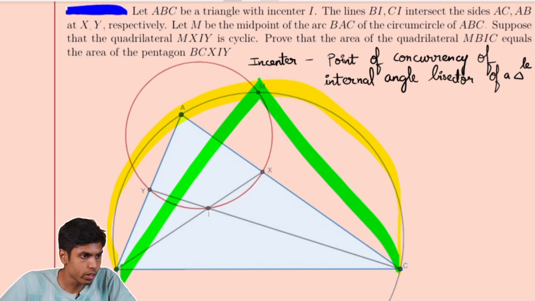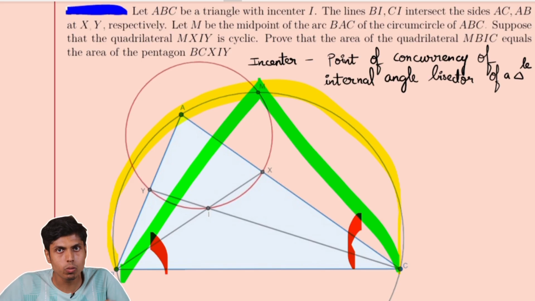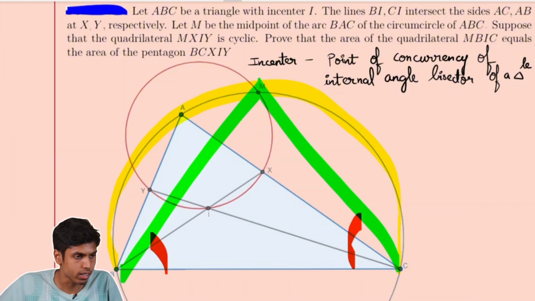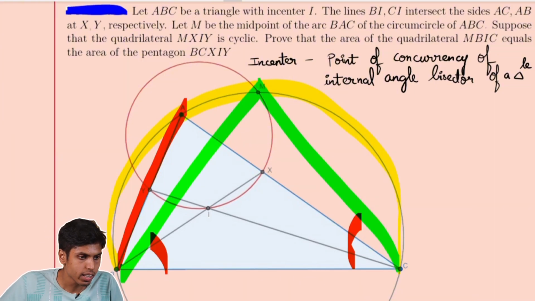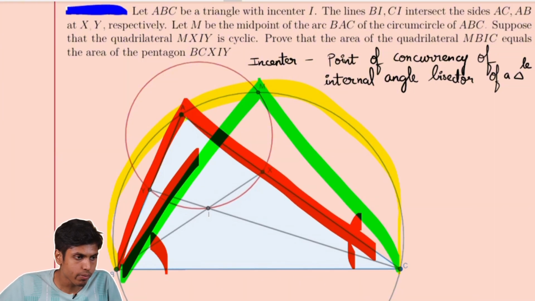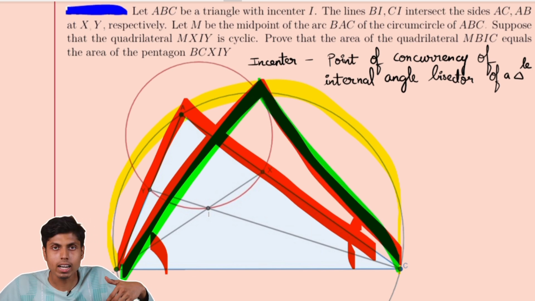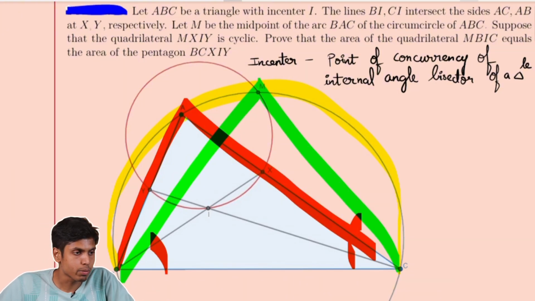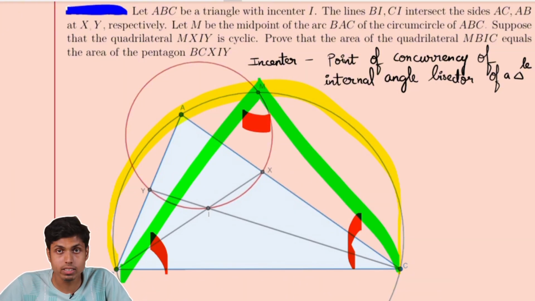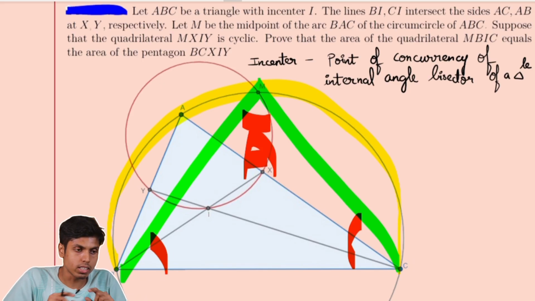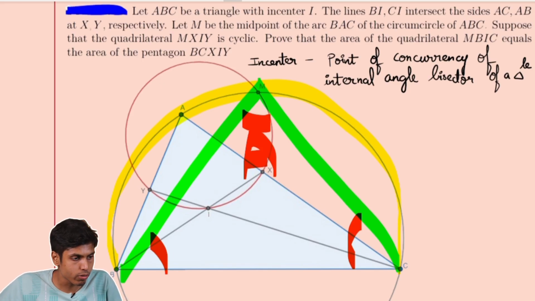So by this property, notice that these two angles at B and C are equal as it is an isosceles triangle. Now angle BAC equals angle BMC as both of them are subtended by the arc BC on the other part of the circle. So the angle subtended by the arc would be the same on the circle, therefore it is A. Now the other two angles are equal, so each of them would measure 90 minus A by 2.